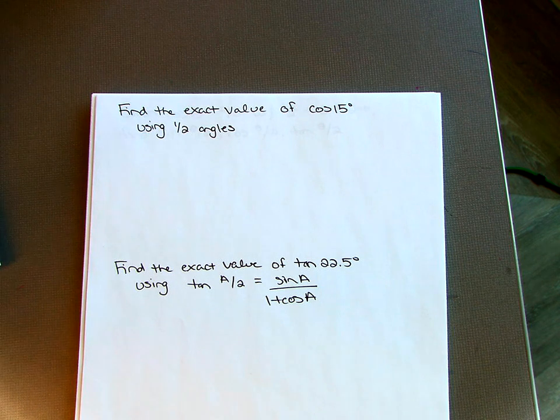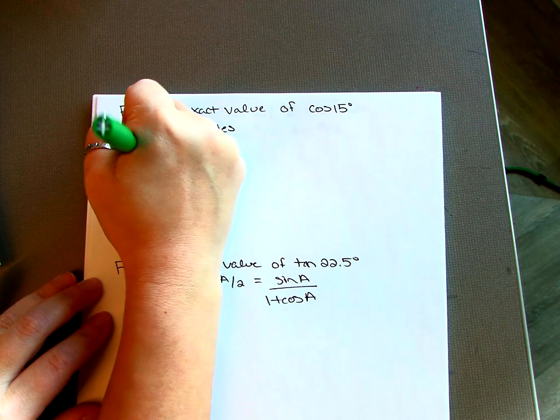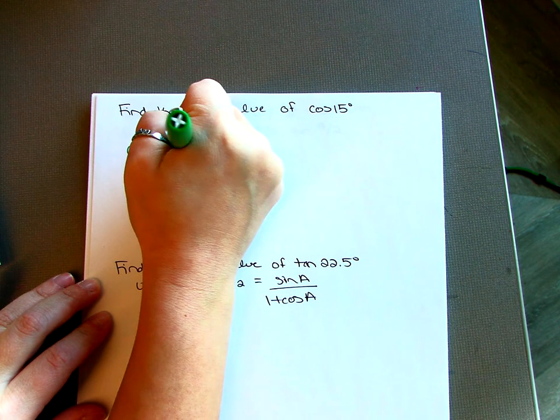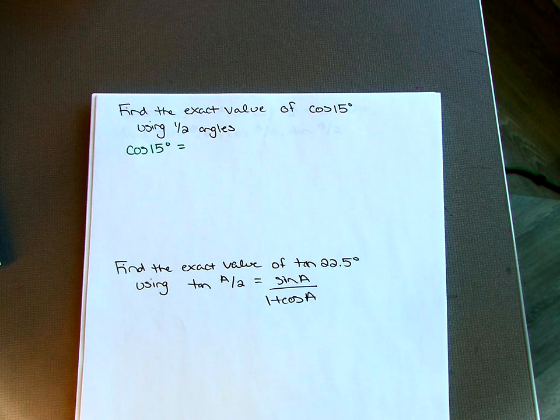So what we're going to do is think about how we can rewrite cosine of 15 so that we can use a half angle. Well, what is 15? Something divided by 2 is going to give us 15. What divided by 2 gives us 15? 30. Yeah, 30.